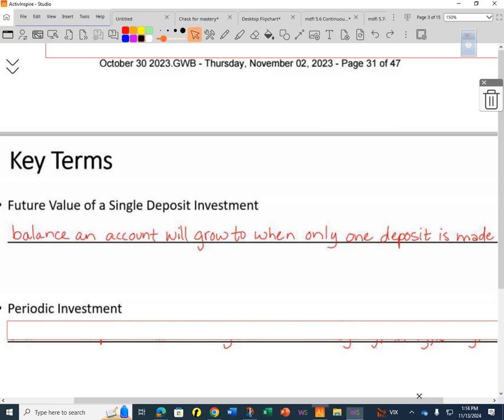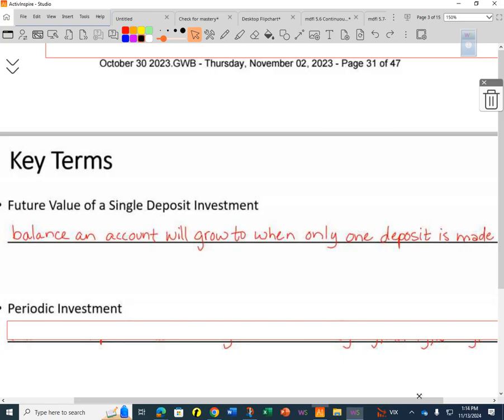If you see that they're depositing in the problem, if they say you're depositing every year, or each year, or every month, or every quarter, or twice a year, that means it's a periodic investment. It has to be the same value and the same period of time. So every month, $500. Every 6 months, $750.